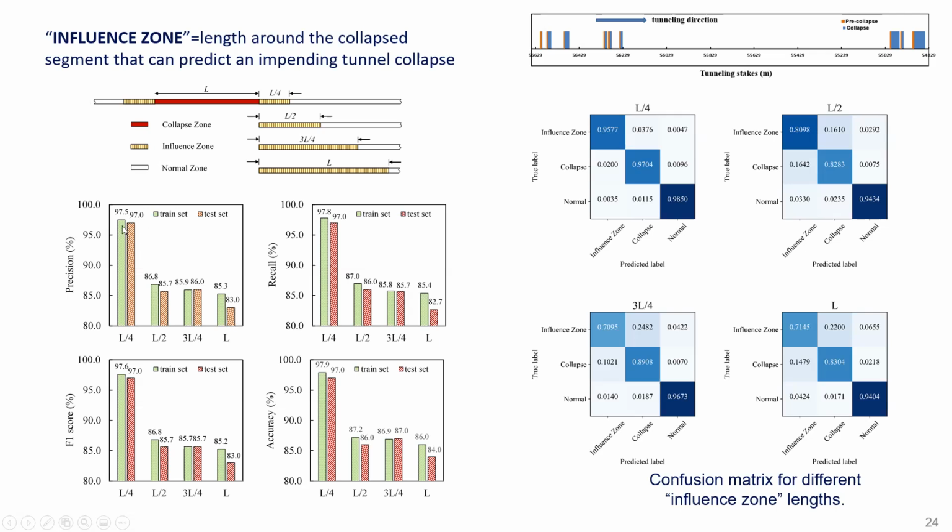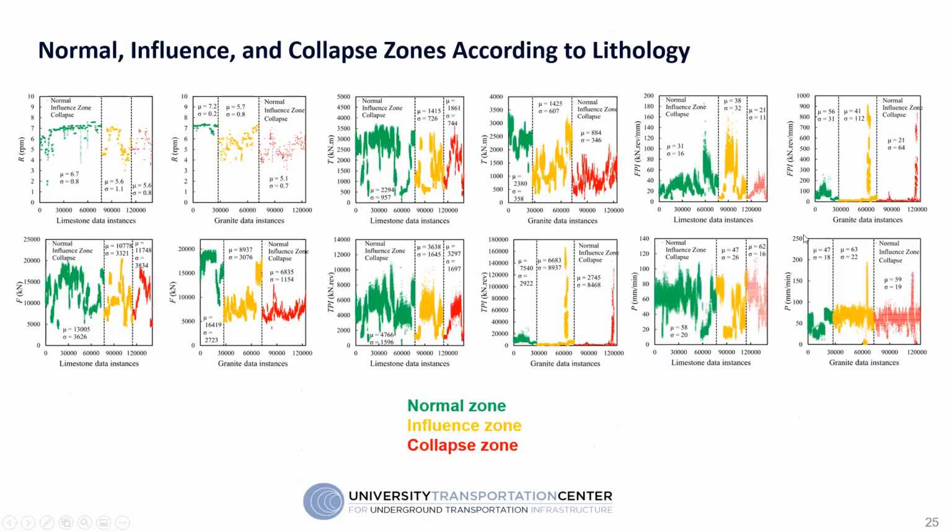Again, in this case, you see that performance in the training set is always better than the test set, so there's no overfitting. We look also at the confusion matrices, and you can see the highest true positive predictions. The diagonal elements are highest for L over 4 compared to the other fractions of the length of the collapse zone. So these are some results.